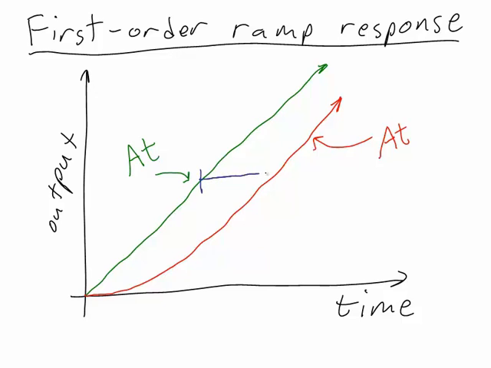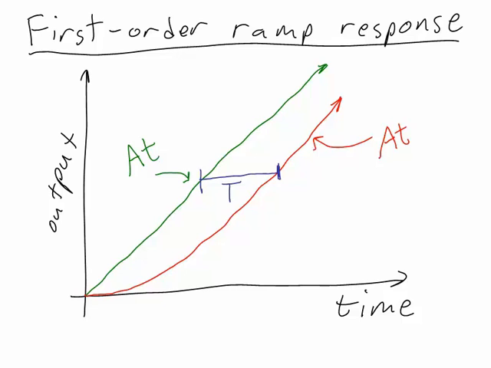We can also say that the distance between these two lines, between the input and the output, is a value equal to the time constant. This is the same time constant that we saw in the step response.